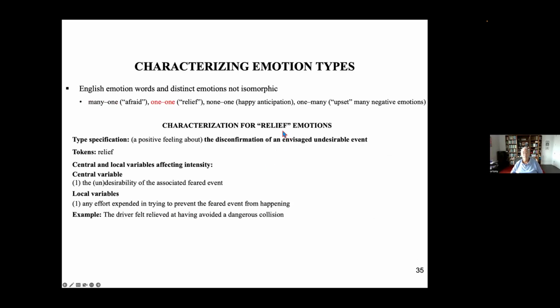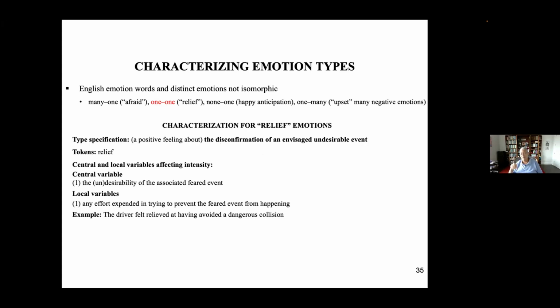Now, relief happens when this feared envisaged event doesn't actually occur or is believed not to have occurred. So we have a different type specification here. We have the positive feeling about the disconfirmation of an envisaged desirable event. And if you recall earlier where I showed you, there was unconfirmed, disconfirmed, and confirmed.